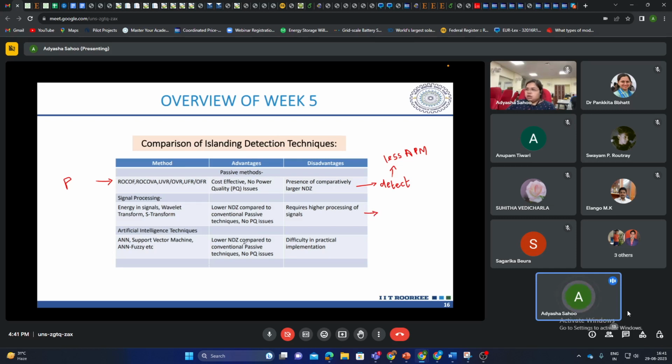Here they also had lower non-detection zones and did not have any power quality issues, but they are difficult to make practical because for these methods to work, we first need a huge amount of data to train these models. Hence, till now it has not been practical to use these techniques for islanding detection.